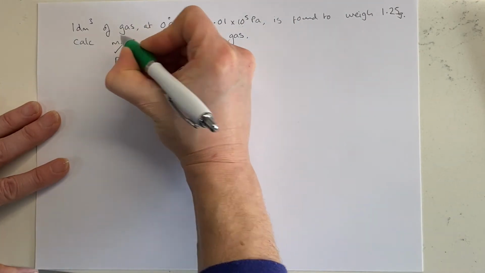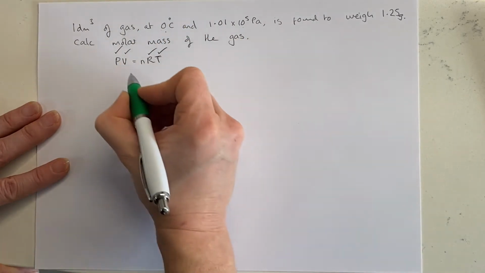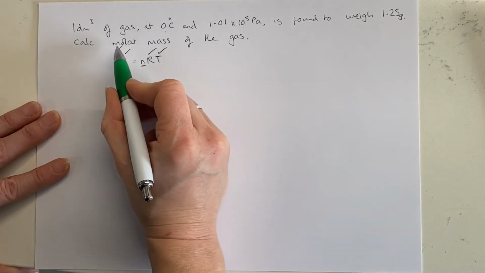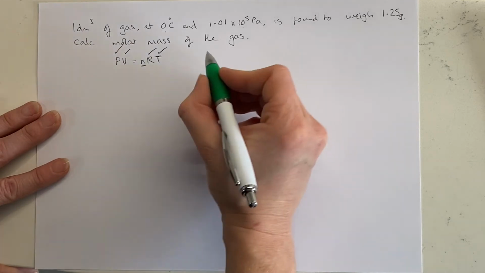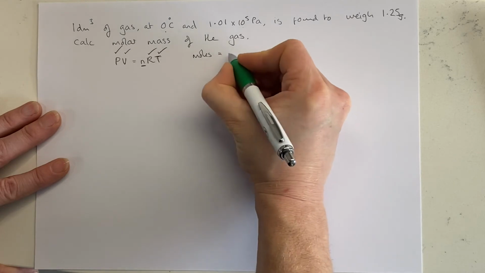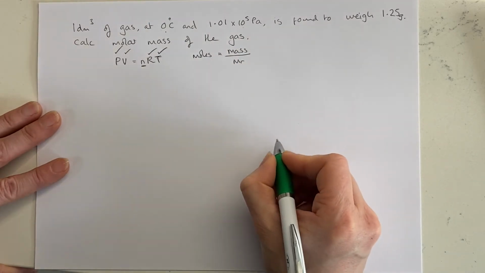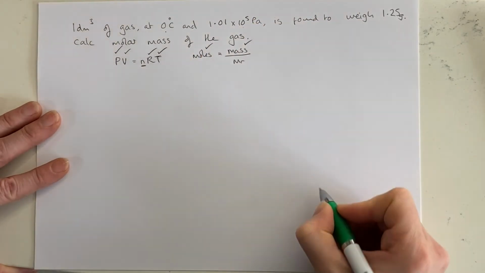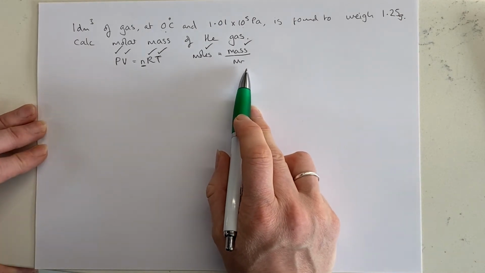I'm given a pressure and I'm given a volume. That allows me to find the number of moles. The question asks me to find the molar mass, which is the MR. So if I remember, we learned earlier that moles is mass over the MR. So I have my mass, I'm going to calculate moles, so therefore I can rearrange to find the MR.